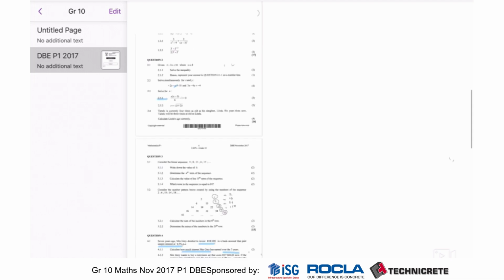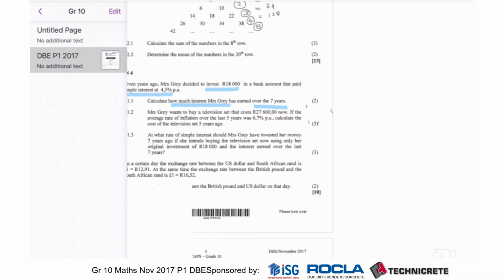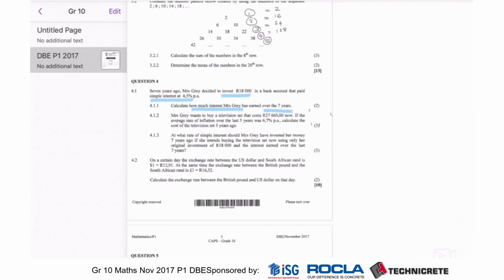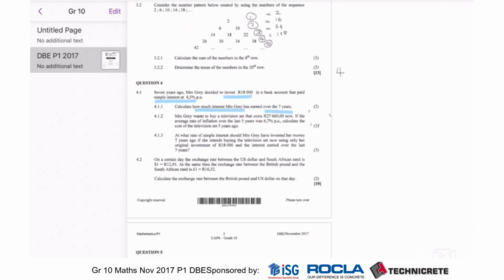So let's quickly scroll down to this formula sheet so we can see. They don't give me the formula sheet here. So you should be able to identify your simple interest and your compound interest formula. Okay, so let's write it out. So 4.1.1, I said A is equal to P(1 plus in).